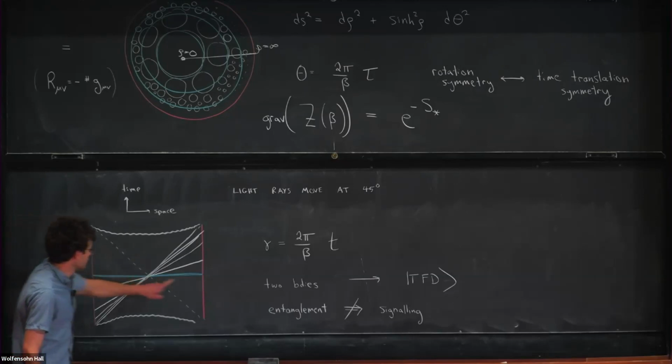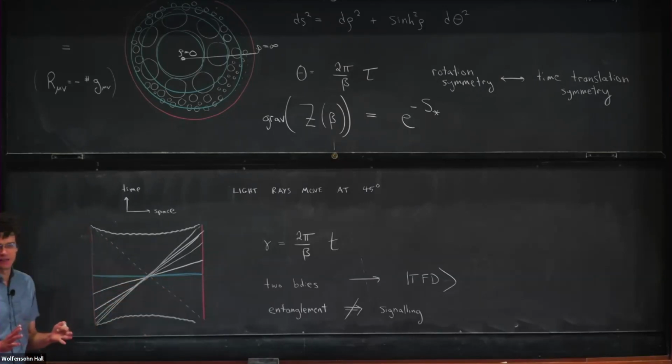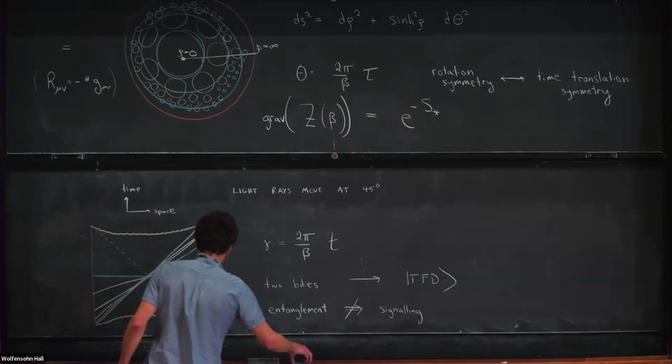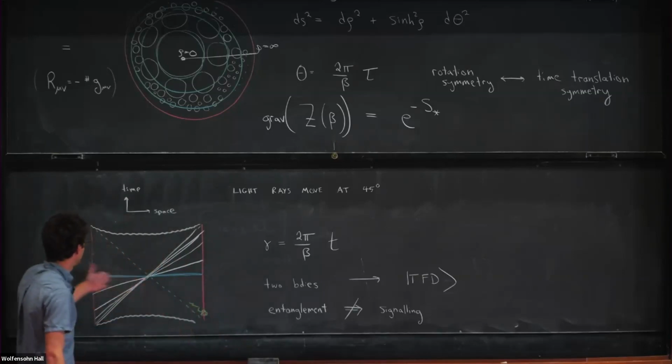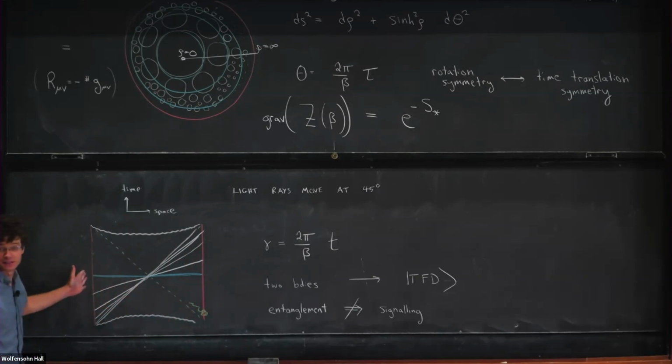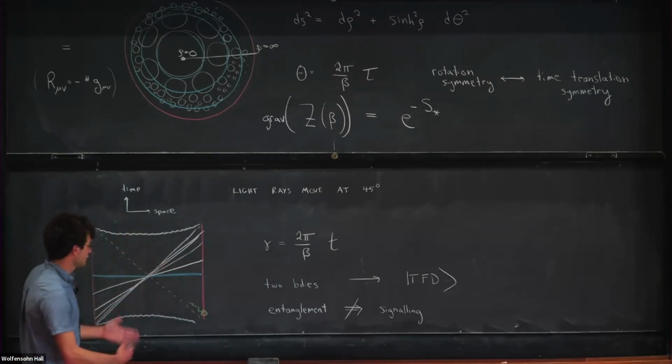These two systems on the left and right are in this entangled state, the thermal field double state. So they're entangled, but they're not interacting with each other. And so that means that if we start with some perturbation, if we create some signal on the left system, it should not be able to affect the right system. And the reason that is true is because light rays move at 45 degrees, nothing can move faster than light.